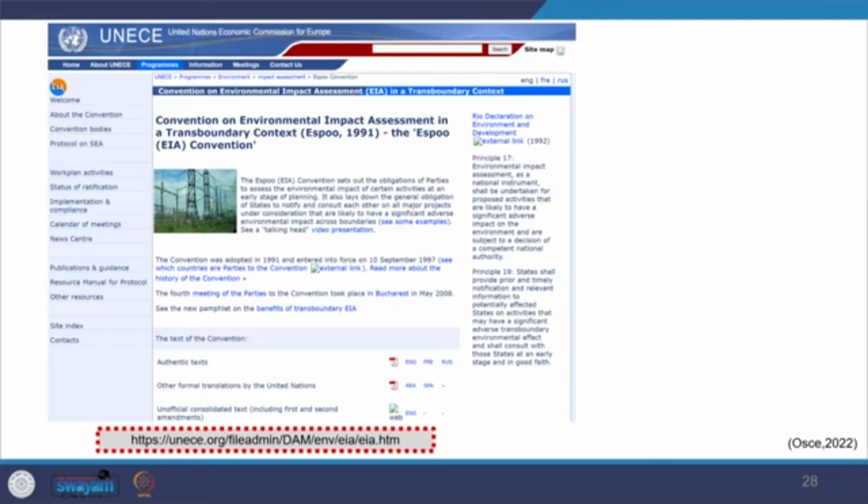And that also sets obligations of the parties to assess the environmental impact of certain activities at an early stage of the planning process. So, that also is translated into local legislation. However, we are not part of this as a country. There are 30 signatories, and mostly it is EU countries and North American countries.